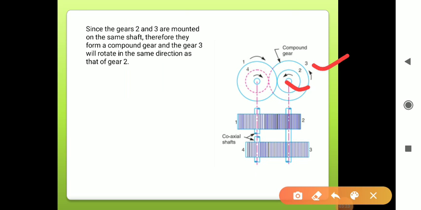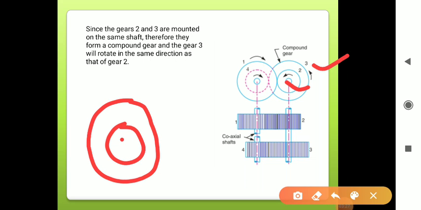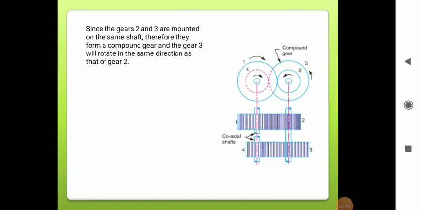So this gear 2 rotates in one direction, and gear 3 also rotates in the same direction. That means the direction of rotation on the same shaft will be the same. Suppose gear 2 rotates counterclockwise, then gear 3 also rotates counterclockwise. So the direction of rotation of gear 2 and gear 3 is the same.